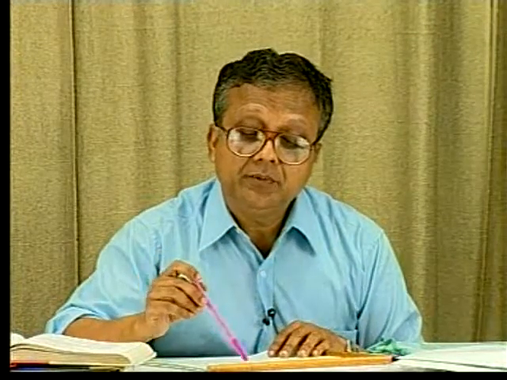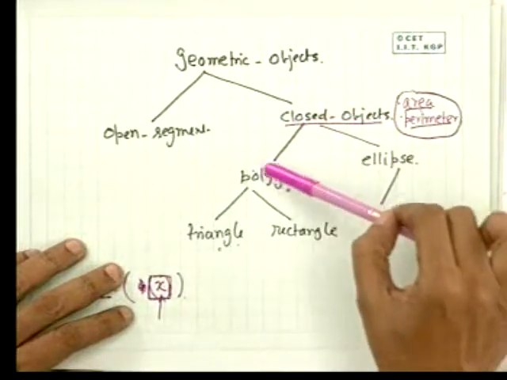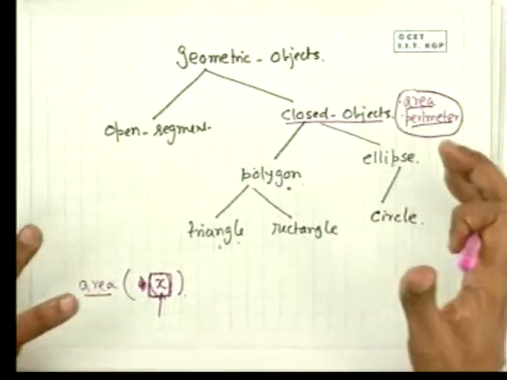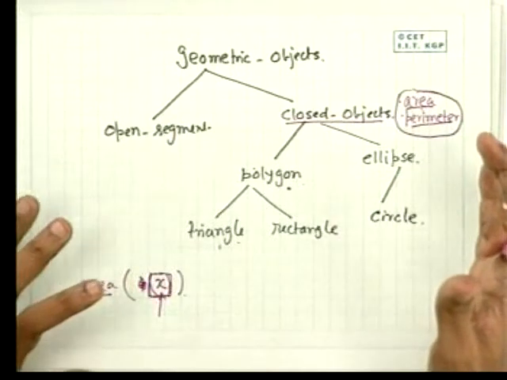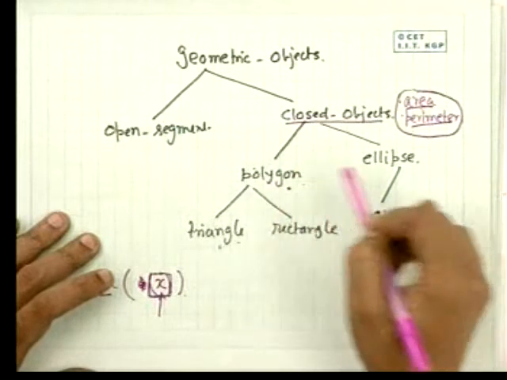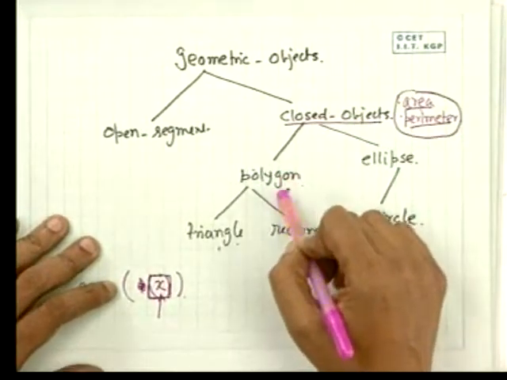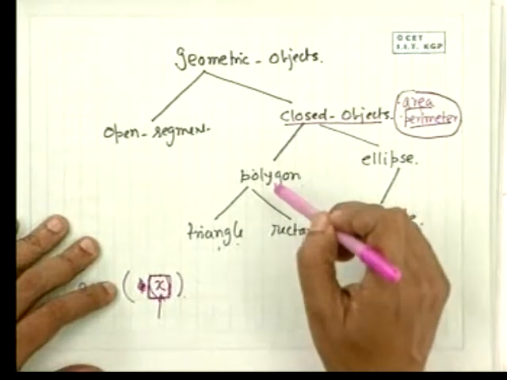For example, we can allow a closed object to be an abstract class, because after all, a closed object, unless it is something very specific, is difficult to envisage. And so, when we go for a specific subclass of it like polygon or ellipse, which are easy to draw, then we allow instances of these subclasses.